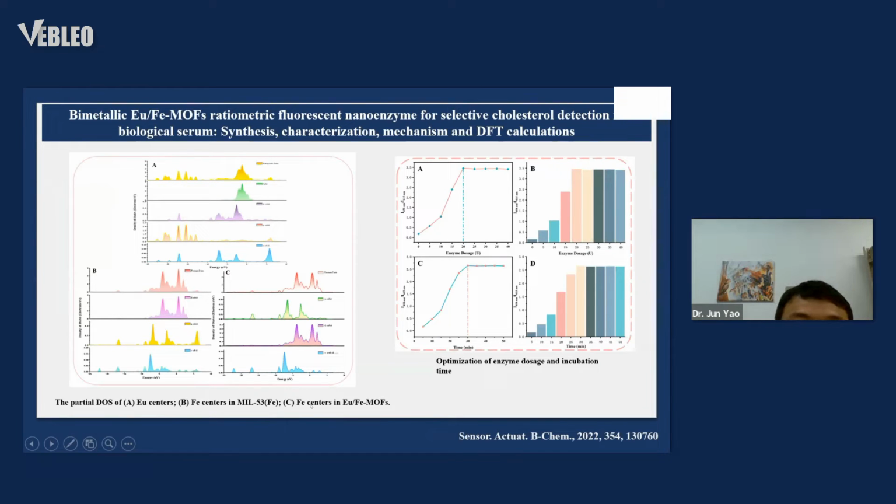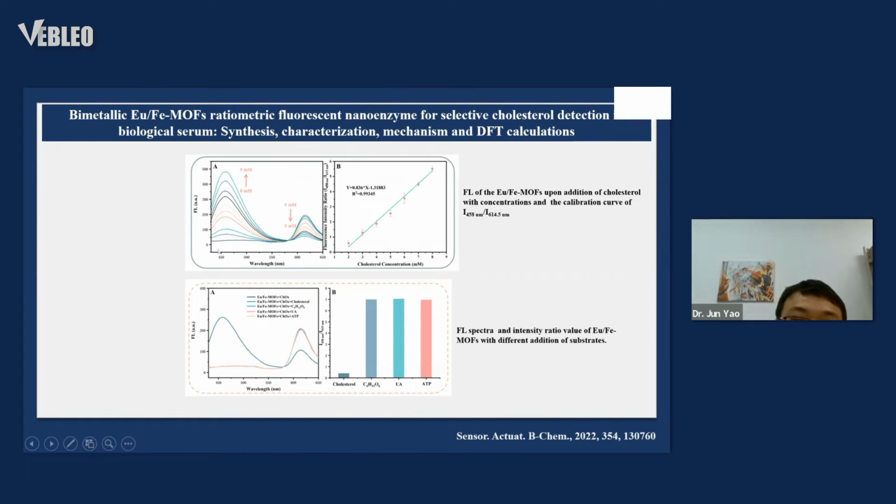This is the density of state and the partial density of state of different centers in different MOFs. From this picture, we want to choose the best detection condition, such as enzyme dose and time. This one is FR signal with the increasing concentration of cholesterol.